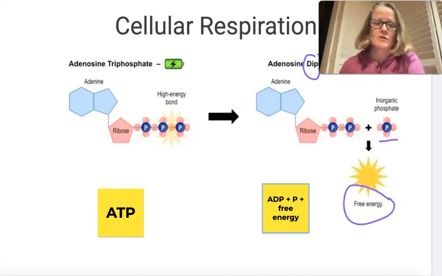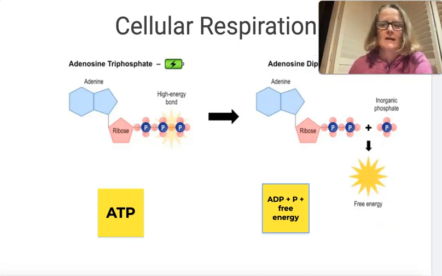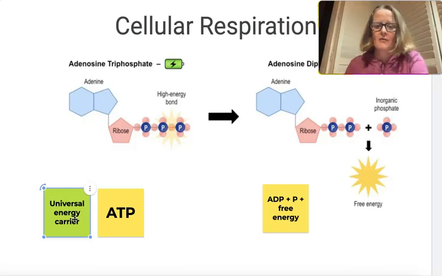That's what's going to be used to do work. So ATP is a universal energy carrier. Every single cell does the same thing, uses this energy currency, a bit like paying money. And when you've got the ATP, it's the store, and you break off the last phosphate to release the energy to do work in a cell.